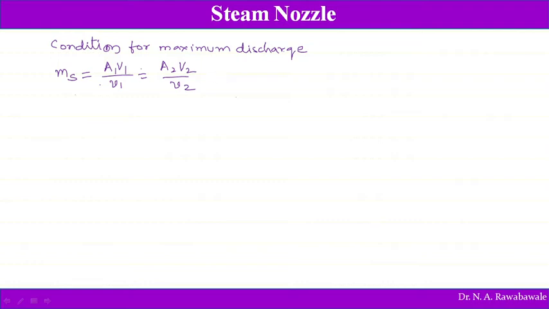Here A1 is the cross sectional area at inlet, V1 is the velocity at inlet, and small v1 is the specific volume of steam at inlet. Similarly, A2 is the cross sectional area at exit, V2 is the velocity at exit, and small v2 is the specific volume at exit. Here ms is nothing but the mass of steam.